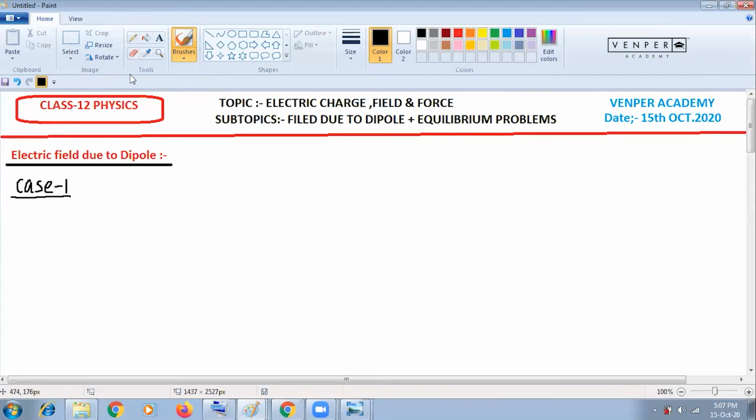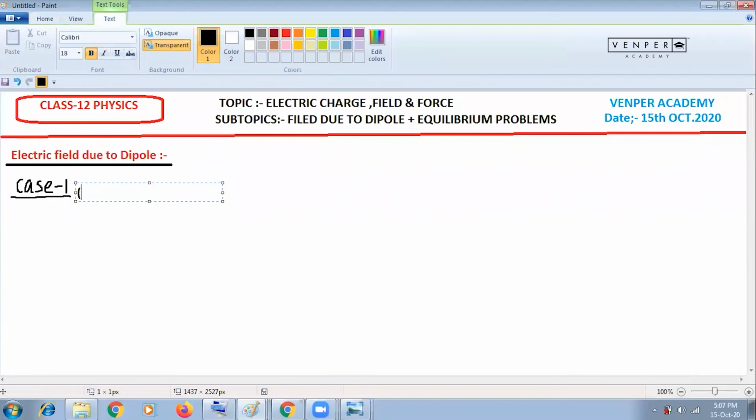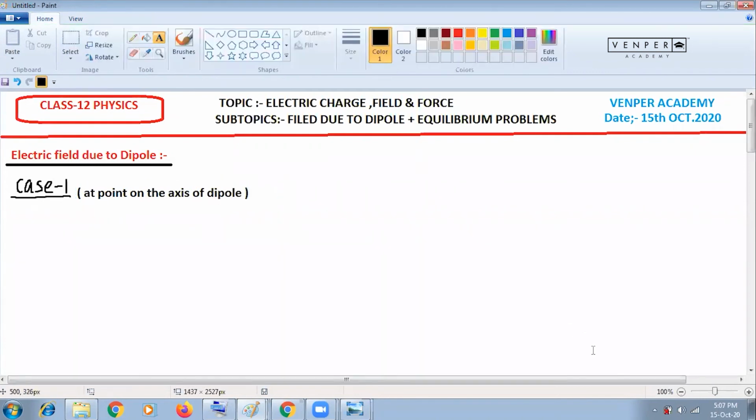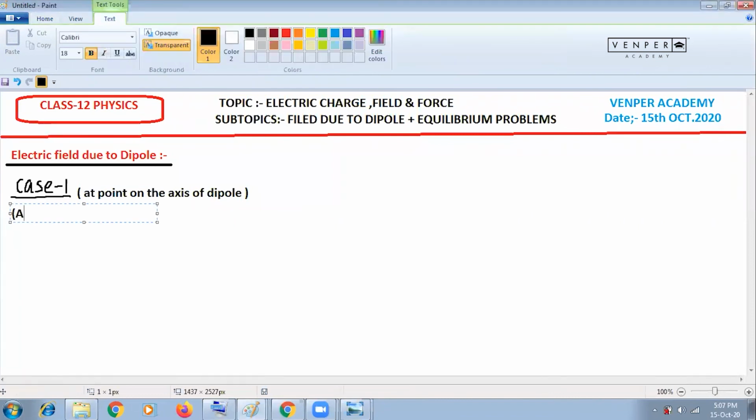First we will take the point along the axis, at a point on the axis of the dipole. That is basically called the axial point. You can also say this case one is nothing but the axial point.